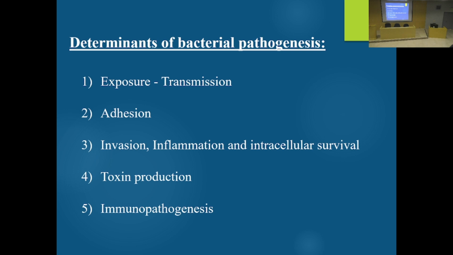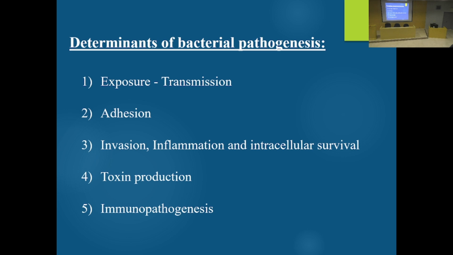First and foremost, exposure of the host to the microorganism. Once the susceptible host is exposed, the organism enters into the human body. So those are the different modes of transmission. Maybe you would have discussed different modes of transmission of microbes.